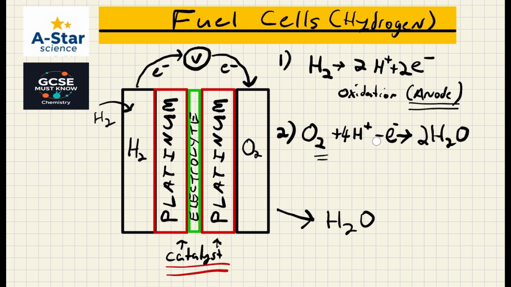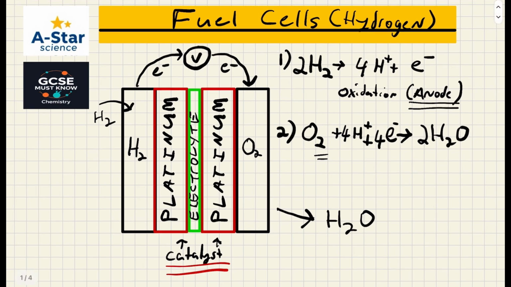That means we're going to have 4 electrons that are needed for this equation. We can then adjust the top equation to match that, because at the top we only had 2 electrons. So let's change that to balance them both out. 2 hydrogens on the left side, 4 hydrogen ions on the right hand side, and that's going to give 4 electrons.